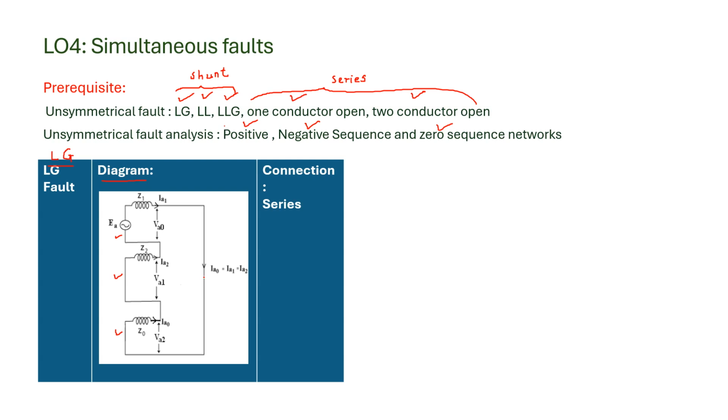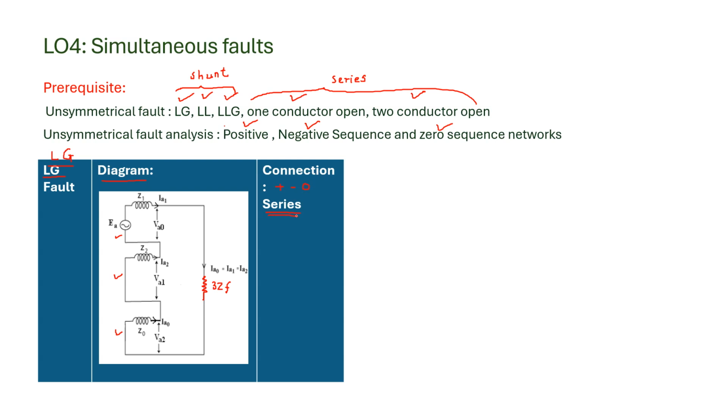But if there is a fault impedance, then we include that impedance as 3ZF over here. So the point to be noted is that for LG fault, the positive, negative and zero sequence networks are connected in series.